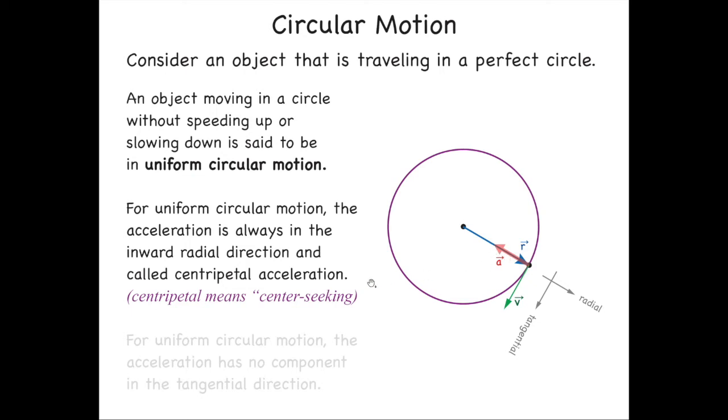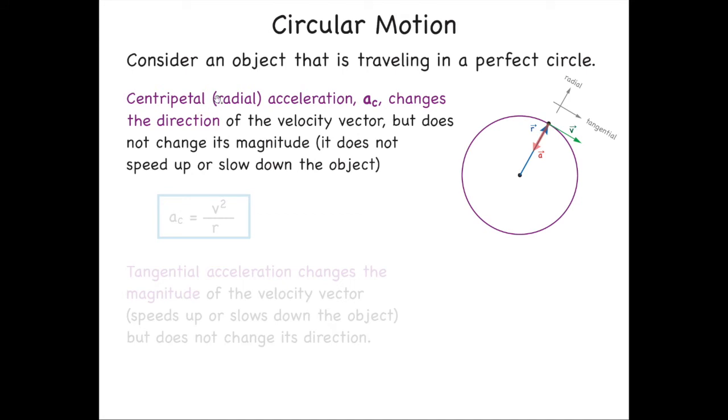The word centripetal just means center seeking, so it's a center seeking acceleration. The acceleration is pointed towards the center of the circle that the object is traveling in. For uniform circular motion, the acceleration has no component in the tangential direction. All of the acceleration is in the radial direction.